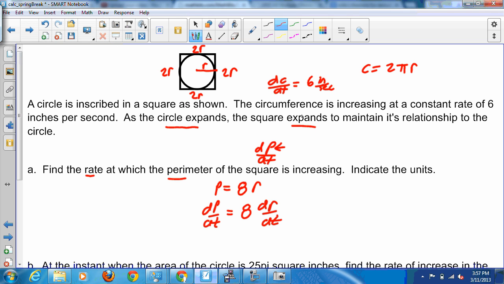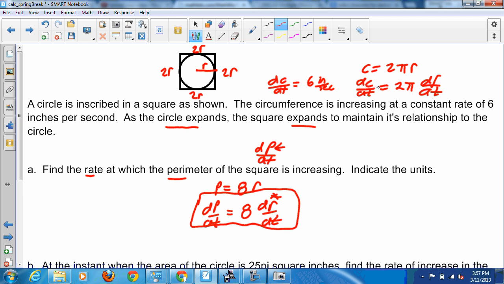Okay, sorry about that pause. So we have our dP/dt, which is what we're trying to solve for, but the only thing they gave us was dC/dt, and we know that the circumference formula is 2 pi r, so if we take the derivative with respect to time of the circumference, it turns out to be 2 pi dr/dt. And dr/dt was a missing value over here.